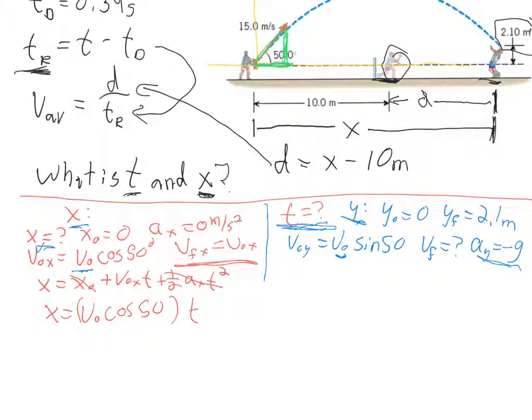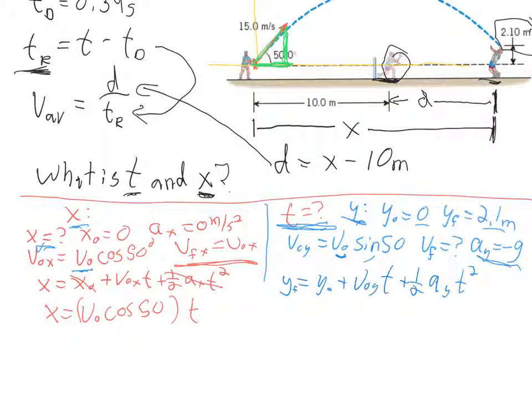All right, so if we want to figure out the time and we know positions and initial velocity, you should be drawn to the same equation we used in the x that says y final equals y initial plus v initial y times time plus 1/2 acceleration in the y times time squared.